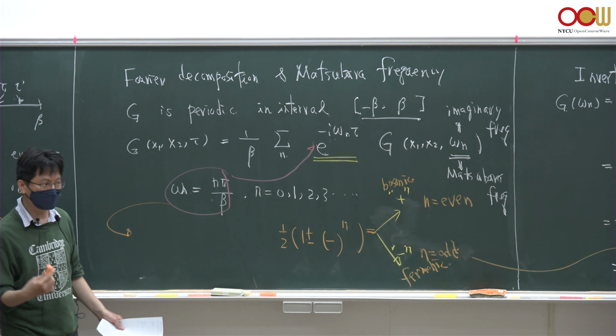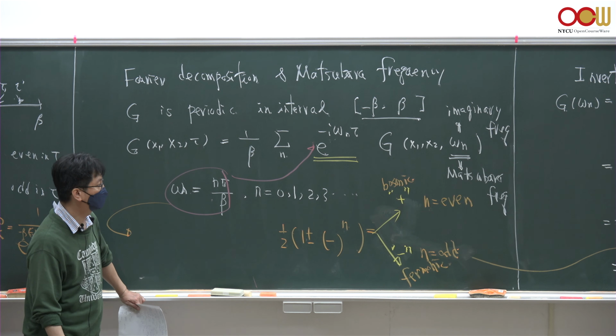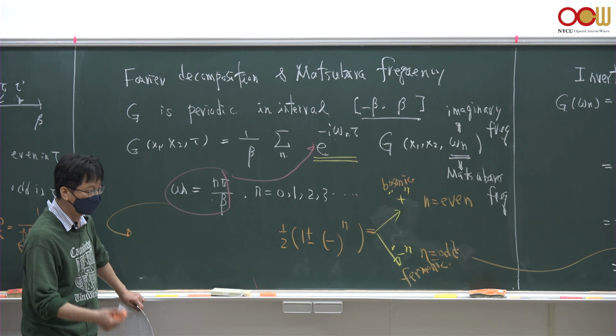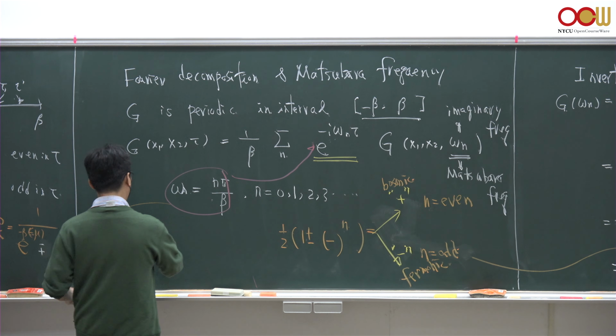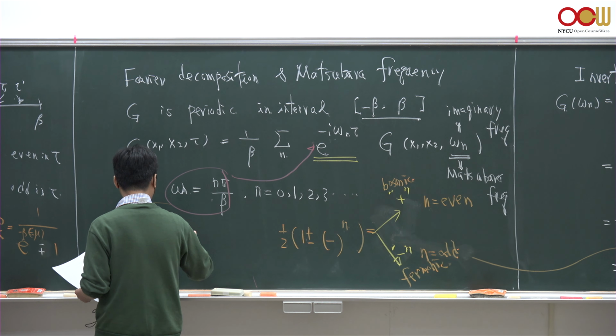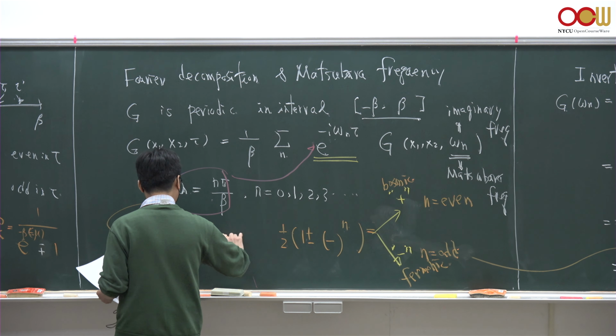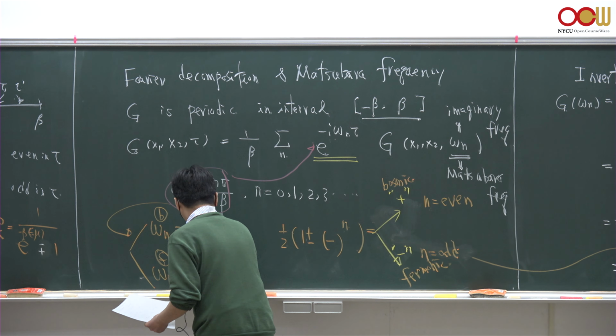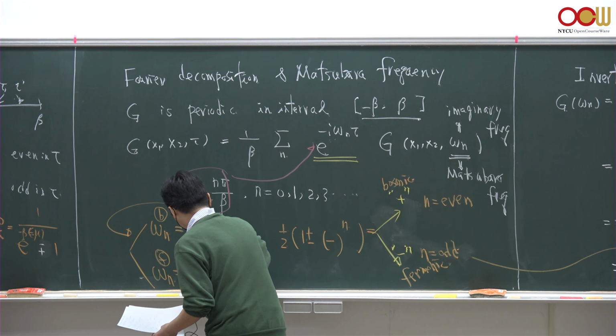When we Fourier transform the Green's function from imaginary time to Matsubara frequencies, there are two different kinds of Matsubara frequencies. One is bosonic, another is fermionic. For bosonic, you get 2m pi divided by beta. For fermionic, you get (2m plus 1) pi over beta.